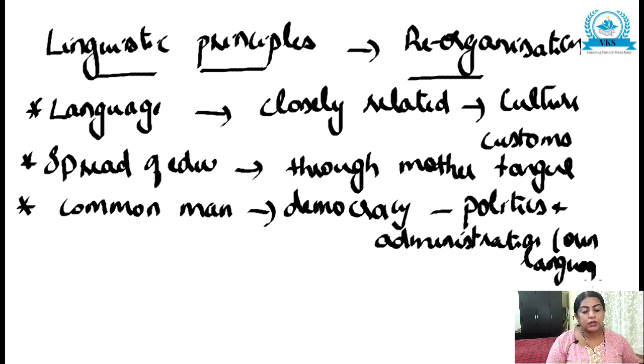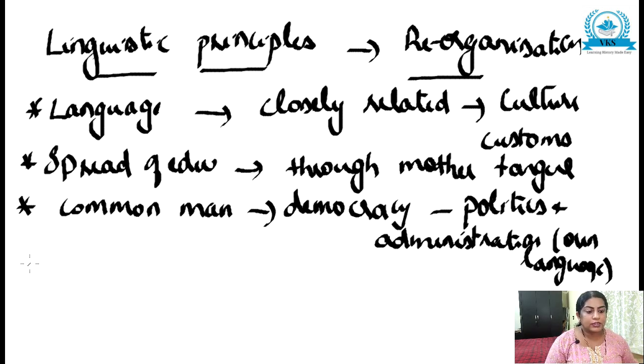See, considering a common man, if it is in any other language, he cannot make it out. So for a common man, democracy can be real, can be understood only if the politics as well as the administration is conducted in his own mother tongue.